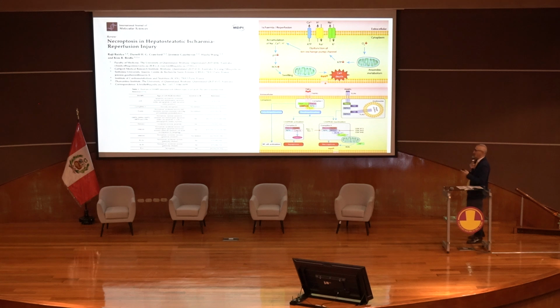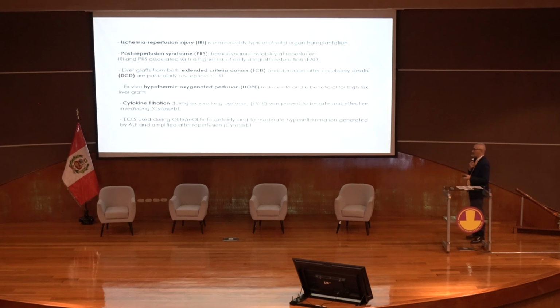We have to remember that in all kinds of liver surgery, the hepatectomy, but even the transplantation, we have induced ischemia and reperfusion problems. So we have a lot of pro-inflammatory proteins and cytokines that are not good for this patient and for his graft.